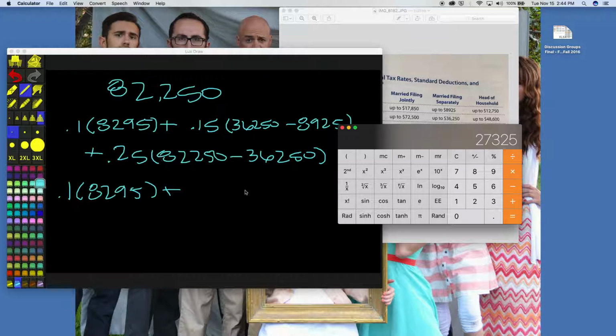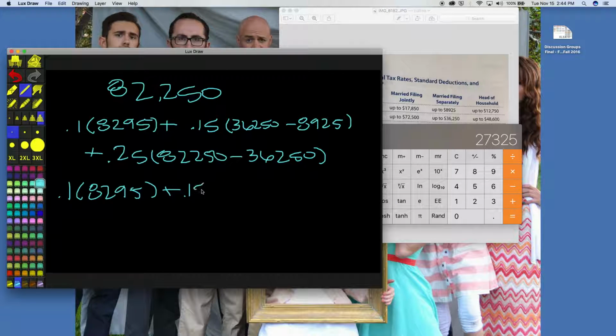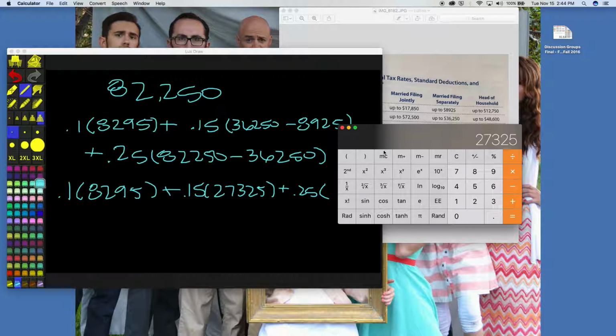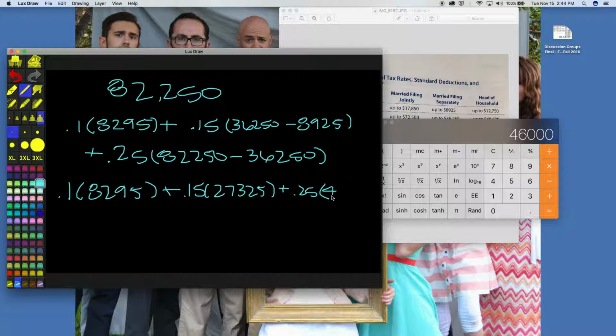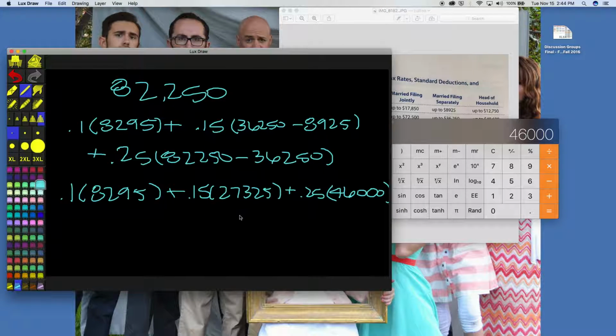So that is going to be 15% times 27,325, plus 25% times, and I'm going to do some math right here too, 82,250 minus 36,250. That's going to be 46,000. And then I'm just going to do that math.